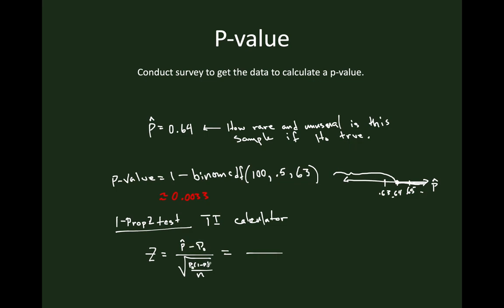In this case, this would be p hat minus 0.5 divided by the square root of 0.25 times 0.5 divided by 100. And that will give a z-score.